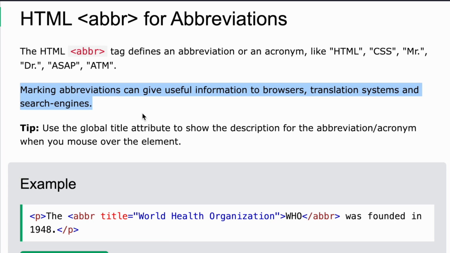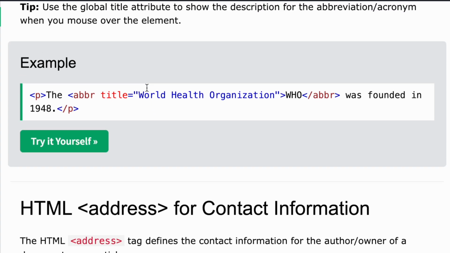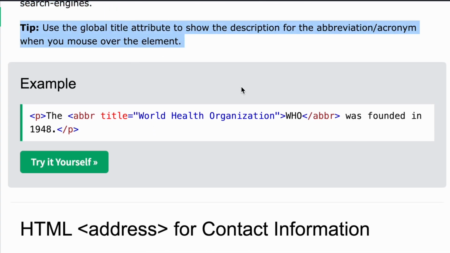For example, you could use the global title attribute to show the description for the abbreviation or acronym when you mouse over the element. So let's say this is a paragraph and in this abbr, the title is World Health Organization. But what will be printed? WHO will be printed, that it was founded in 1948.